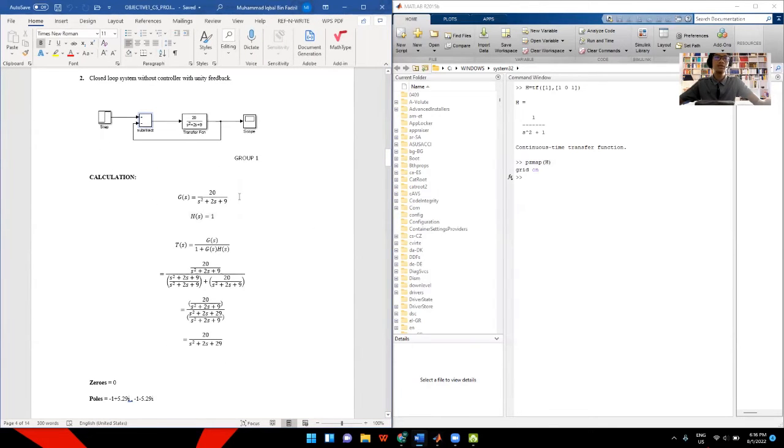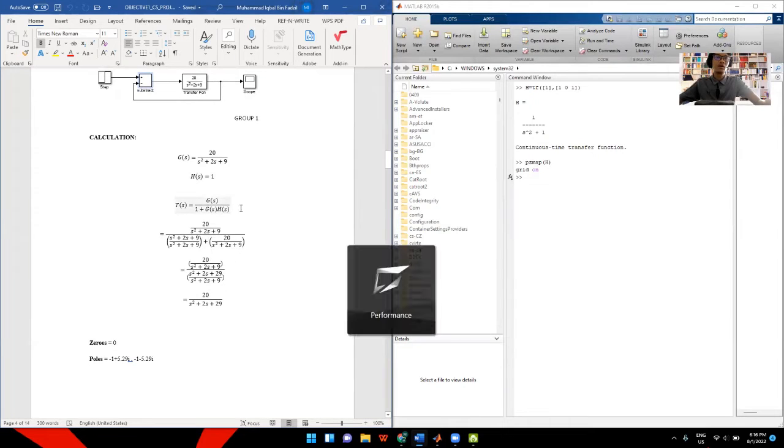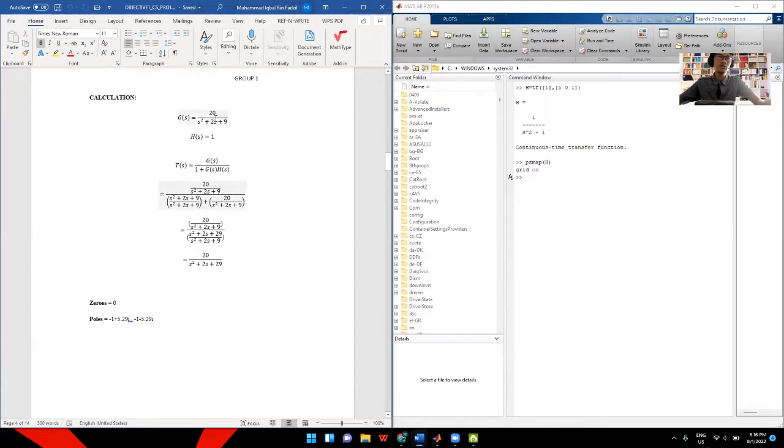So the calculation is G(S) equal to 20 over S squared plus 2S plus 9. H(S) is equal to 1 and T(S) equal to G(S) over 1 plus G(S)H(S). So we just take this value and add it in this formula.